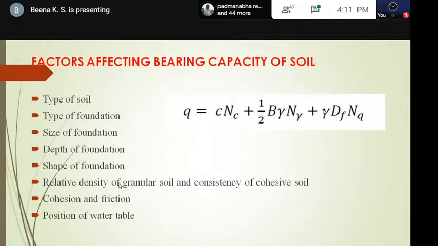The Nc, Nq and N gamma values depend on the c and phi values. Now the position of the water table also is a factor. I hope you will discuss all these things in detail in tomorrow's morning class.